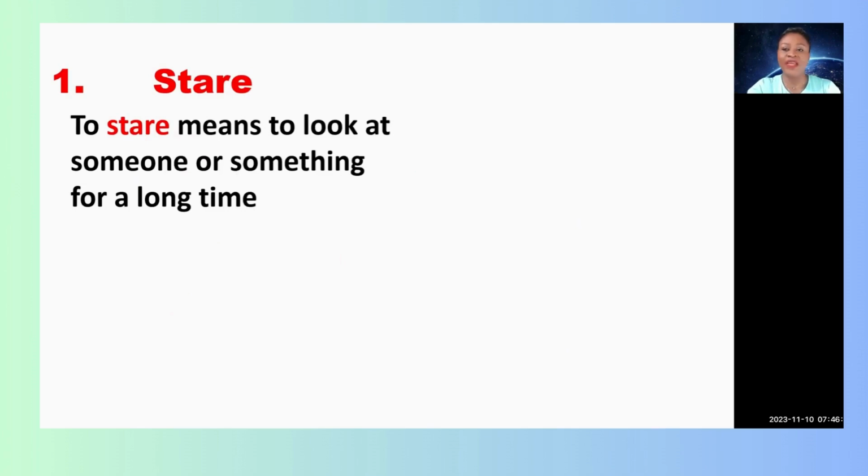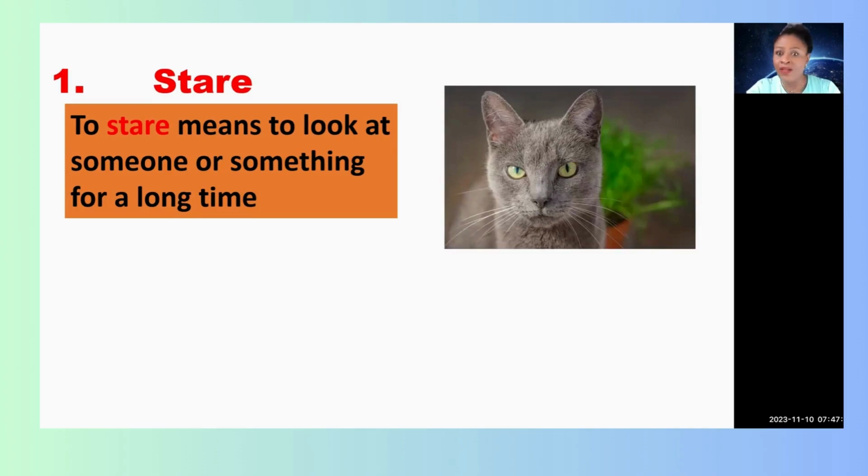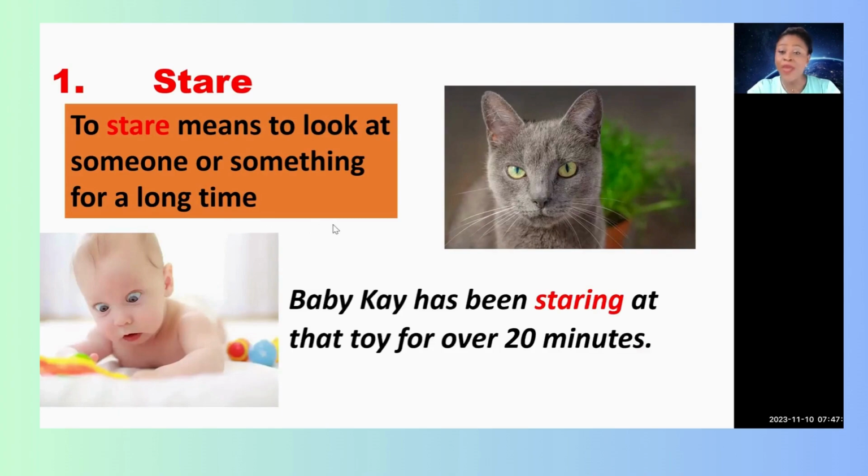Stare. To stare means to look at someone or something for a long time. Look at that cat. Look at that little cutie baby. Baby K has been staring at that toy for over 20 minutes.